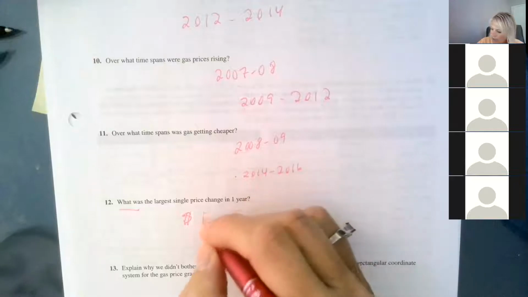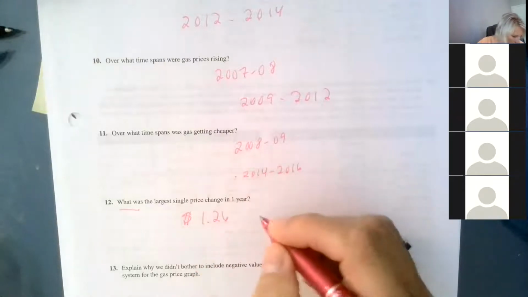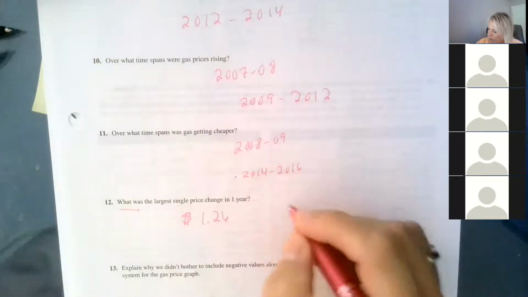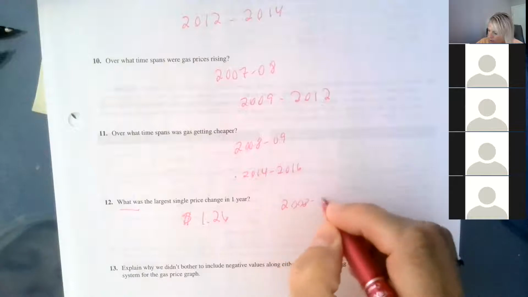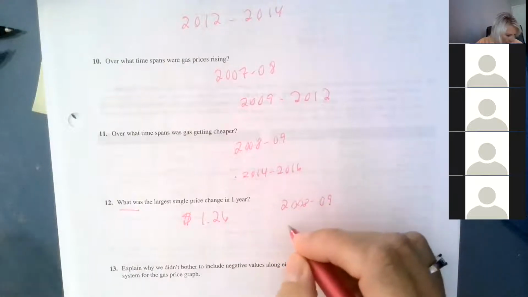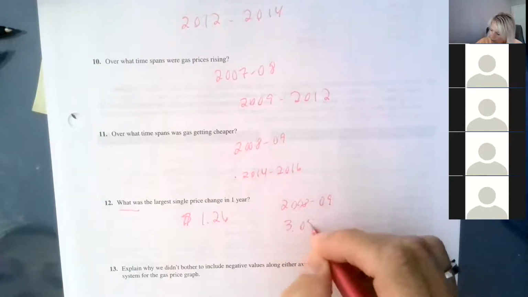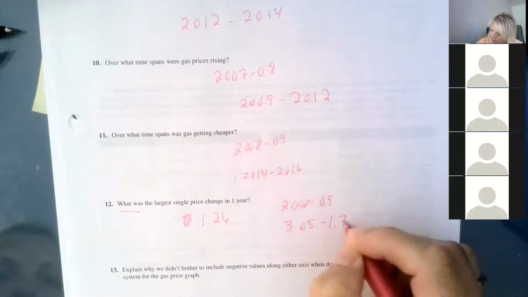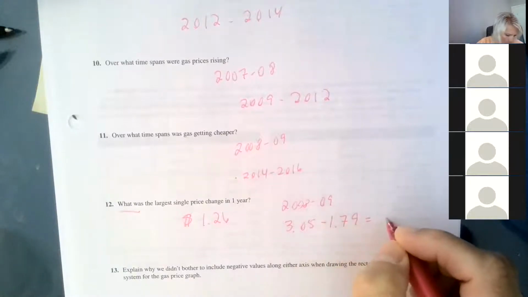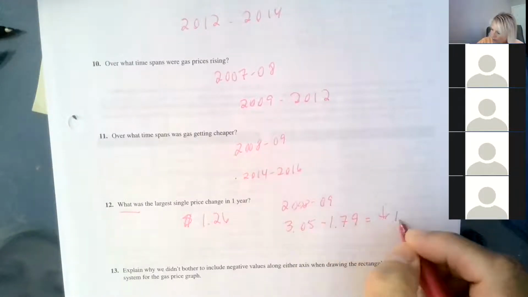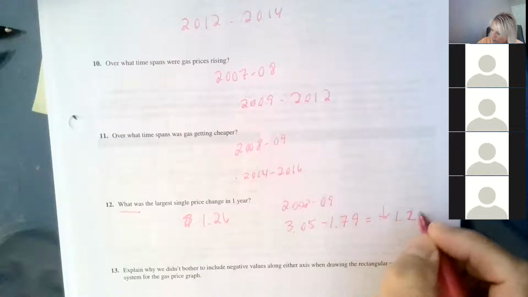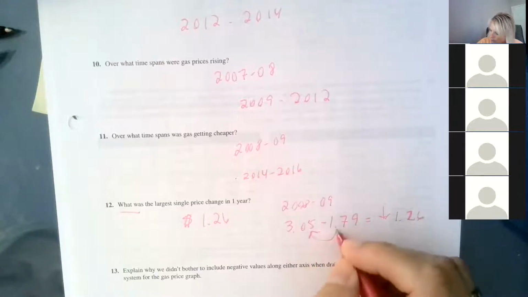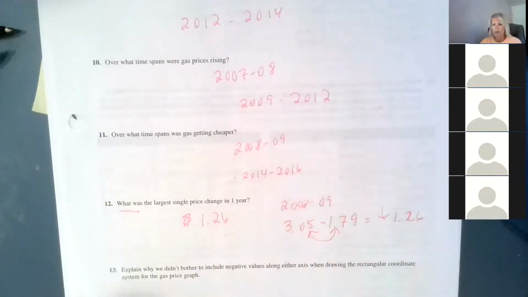I found $1.26. Yeah, 08 to 09. 2008 to 9, it went from 305, I think, to 179. Yep, the biggest drop. So it went down $1.26. I should have actually said 179 minus 305.